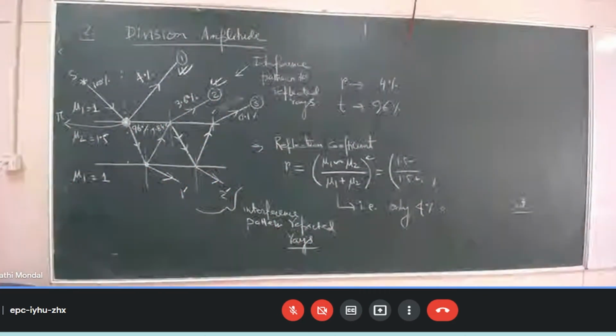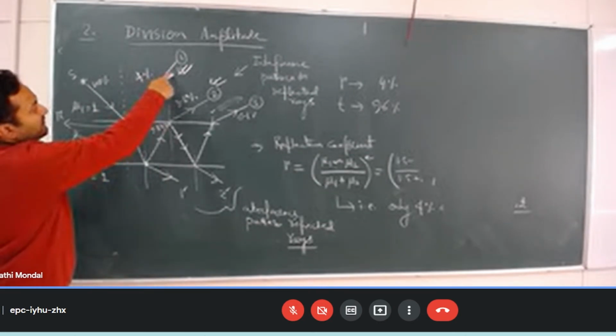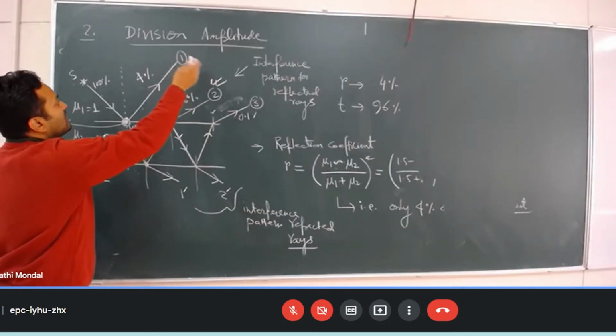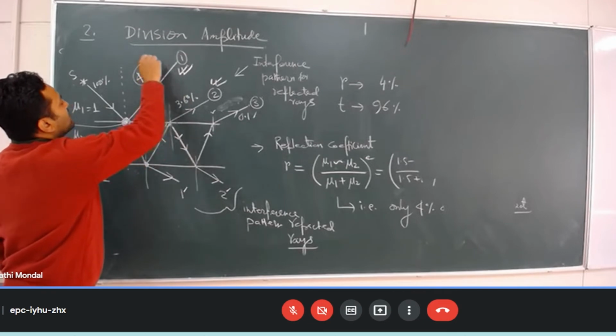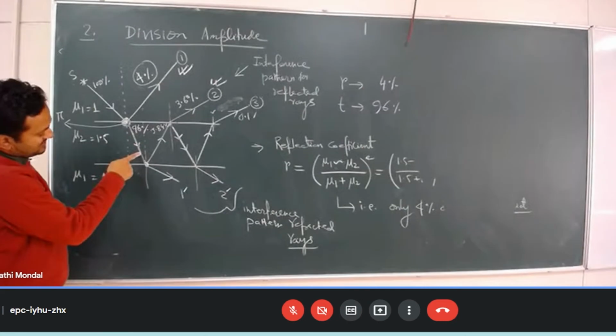So you have 100% light here, and 4% will reflect, so the intensity or amplitude of ray 1 is 4%. And this is 96%.